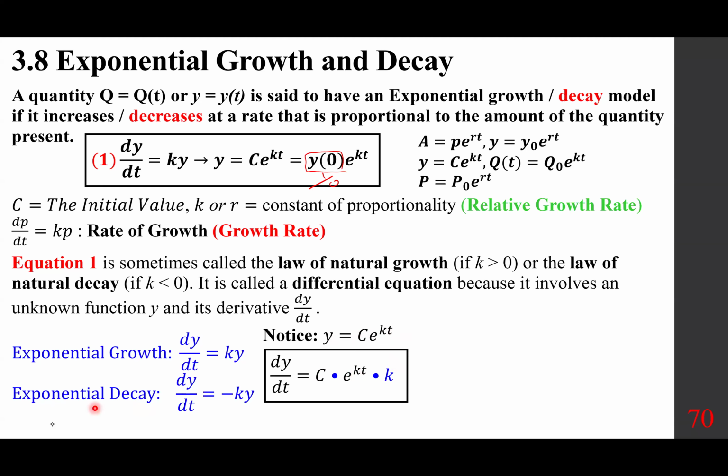And what is this part? Isn't it the same as y? So it's k times y. We proved that dy/dt is k times y. So if dy/dt is ky, y must be in the form of c e to the power of kt.